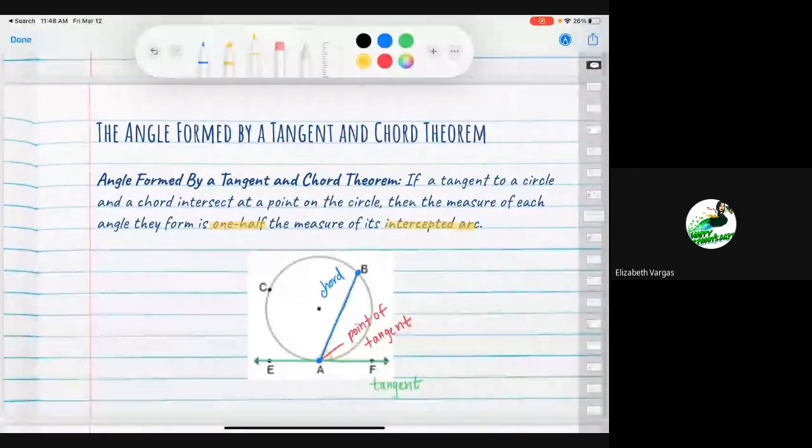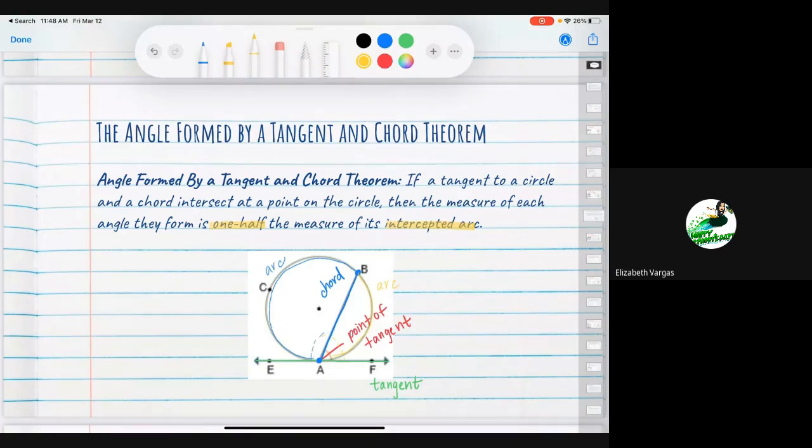So this blue angle, its arc will be this one right here. That will be its arc. And this yellow arc would be this one. So the angle created between the tangent and the chord is half the measure of our arc.